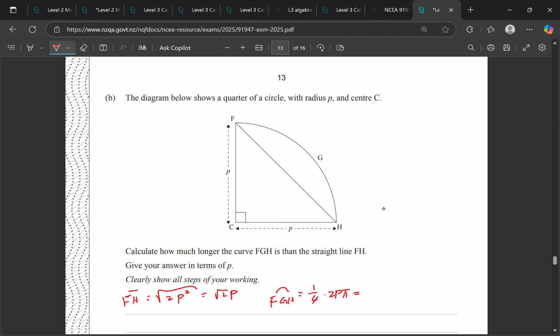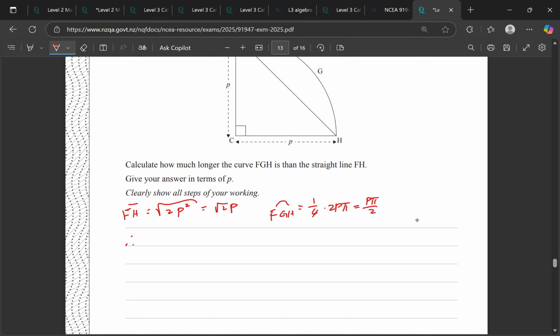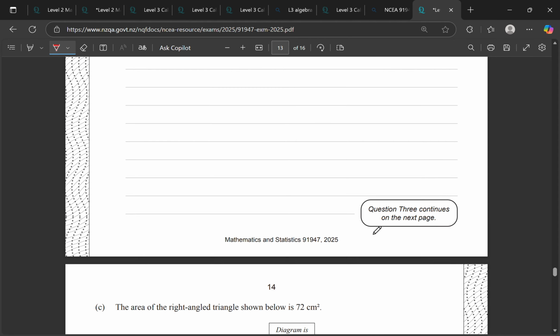If I simplify, that becomes P pi over 2. So let's find the difference. Obviously the arc length is longer, so P pi over 2 minus square root of 2 P, so that is (pi over 2 minus square root of 2) P. That's approximately 0.157P. You can leave it like this, it doesn't really matter.